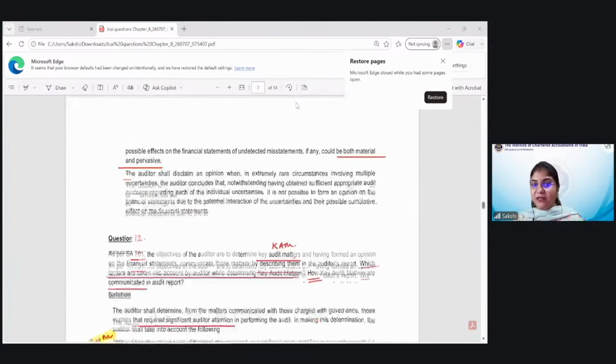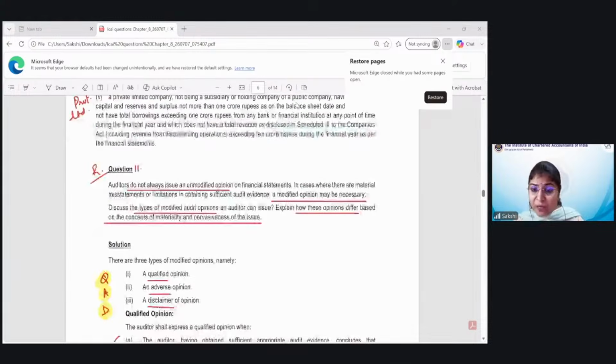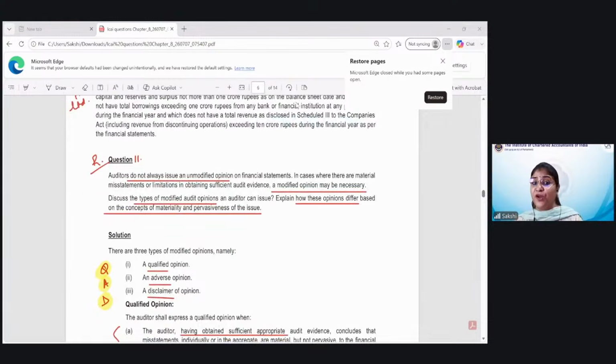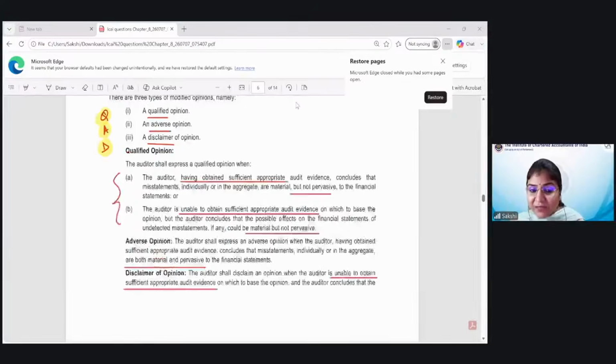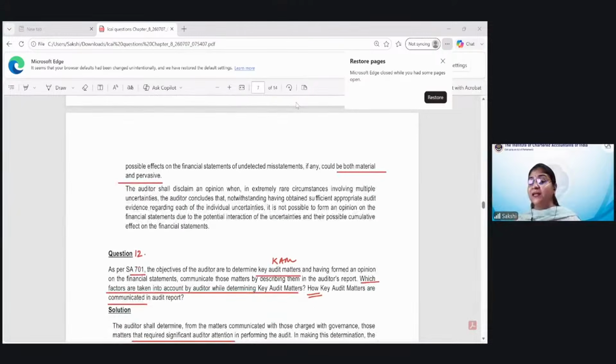And you see how they have written, because they were asking in the question in what circumstances there is limitation in obtaining sufficient and appropriate audit evidence. That is why you see additional paragraph regarding the disclaimer of opinion is given. This is the point to be noted. Just pay attention here.